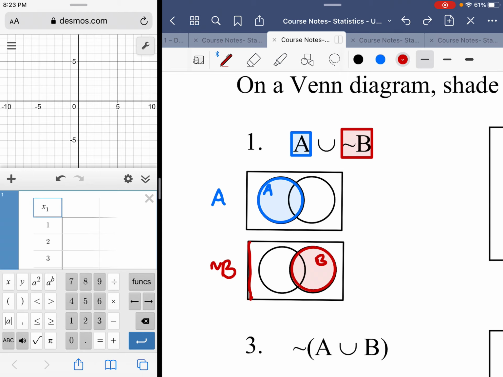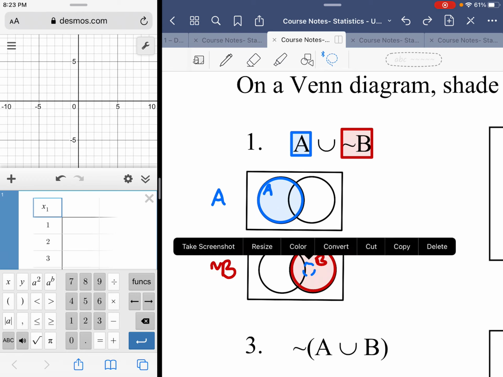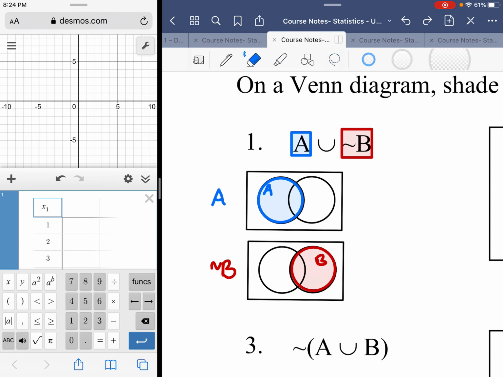So what I would do is get rid of the shading inside. Oh, I forgot this is actually a fixed diagram.